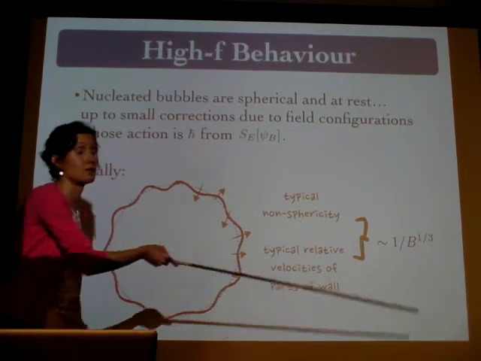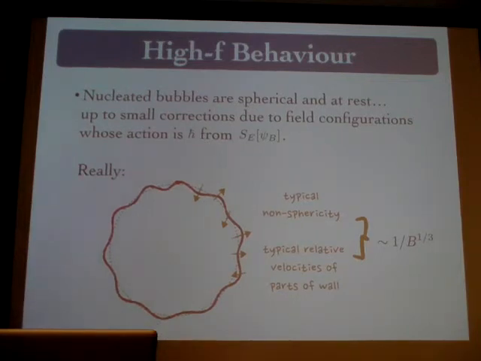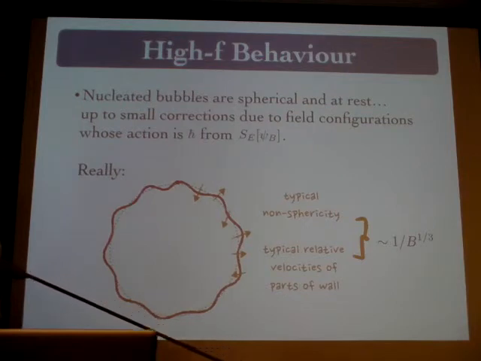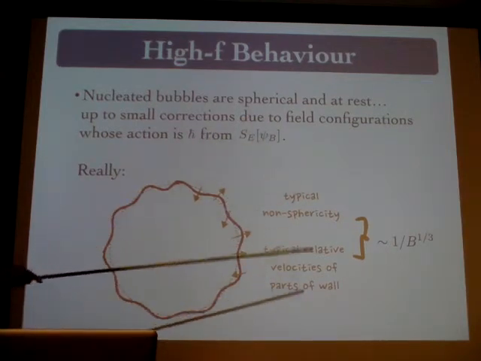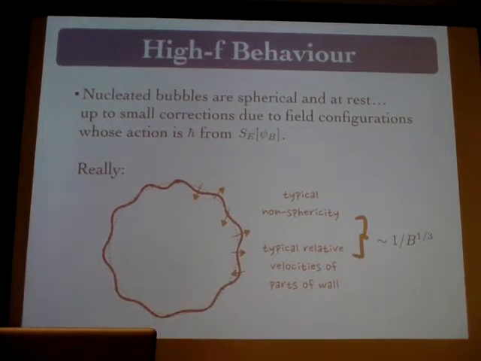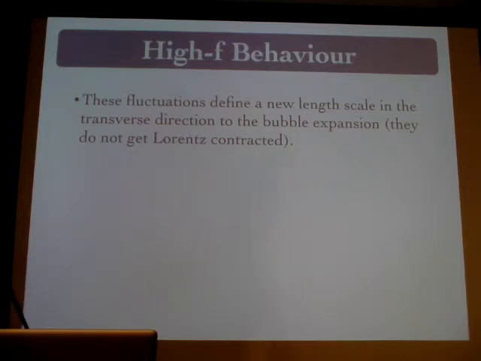B was the value of the action at the bounce. And if you remember, for our case, we were finding this B to be of order around 30 or so. So 30 to the 1/3 is not a particularly small number. We're talking about deviations from the spherical case of maybe around 30%. And the crucial thing is that these quantum fluctuations on the surface of the wall introduce a new length scale into the problem, apart from the radius of the bubble.